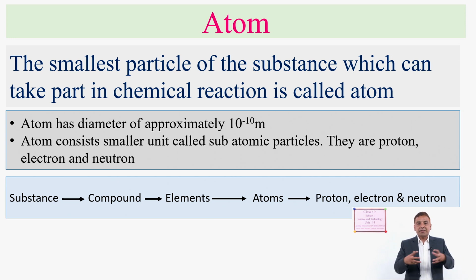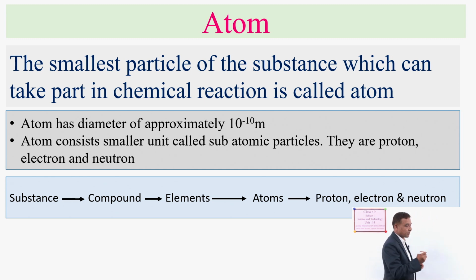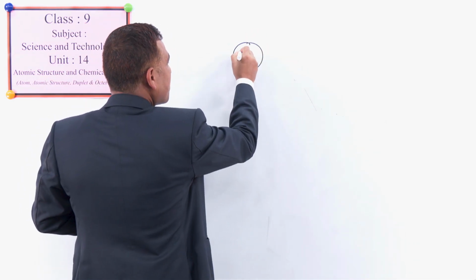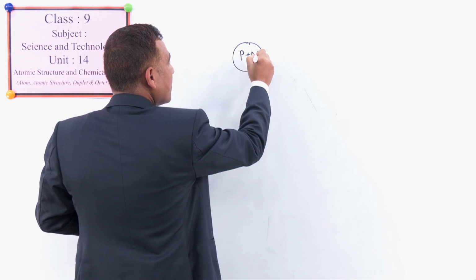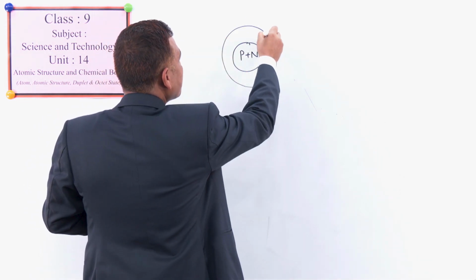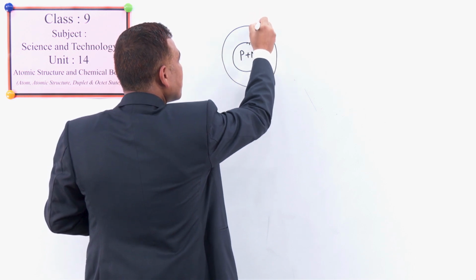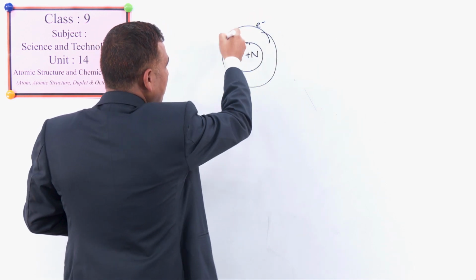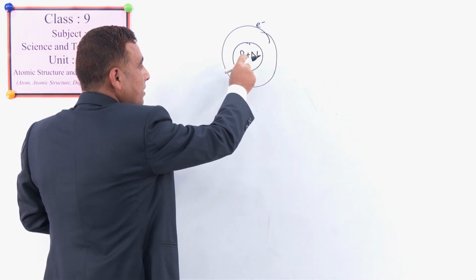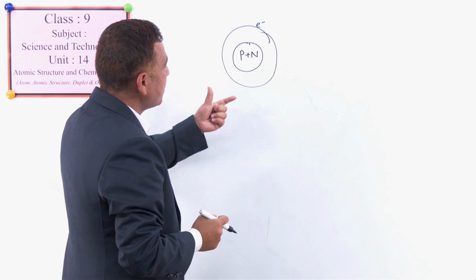Protons and neutrons lie at the center, and they are considered the nucleus, and electrons are revolving around the nucleus. As we write the atomic structure, first the protons and neutrons are at the nucleus, and electrons are revolving around the nucleus. The path followed by the electrons is called the orbit or energy level, and the sum of protons and neutrons is called the nucleus.